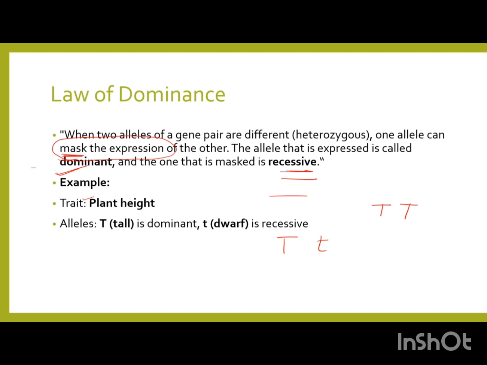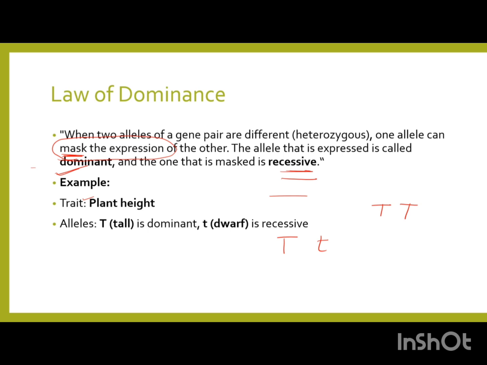So the law of dominance is represented by the statement that when two alleles of a gene pair are different, one allele can mask the expression of the other. The allele that is expressed is dominant and the one that is masked is recessive.